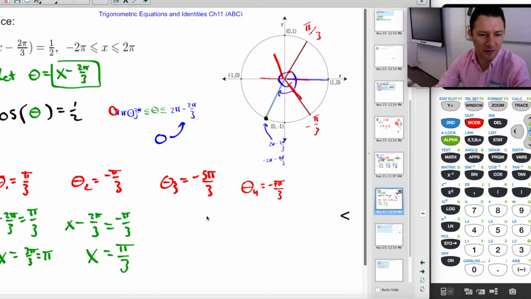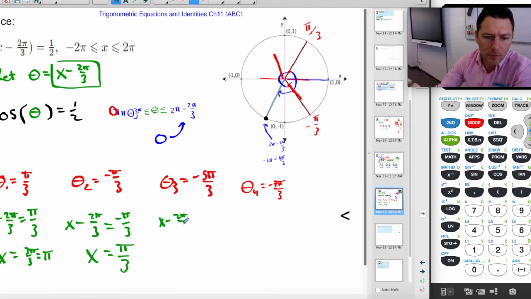Oh, I copied the wrong thing. Write it again. This is x minus 2 pi thirds equals negative 5 pi thirds. So you'd add 2 pi thirds to both sides and you'd get negative 3 pi thirds, which is just negative pi.